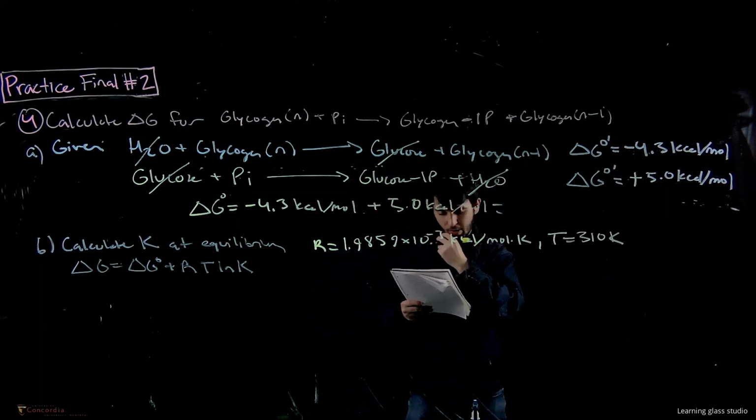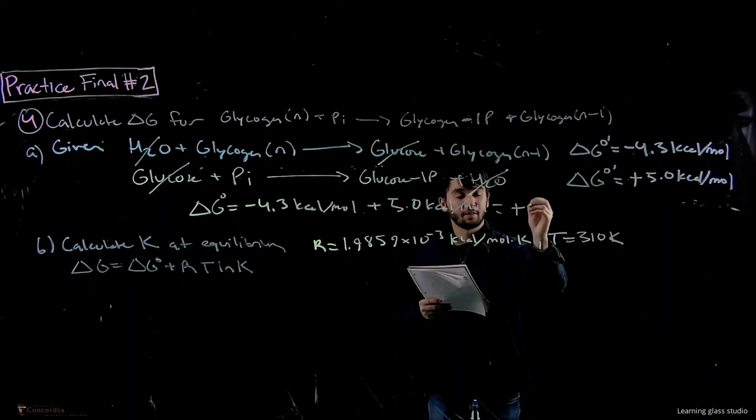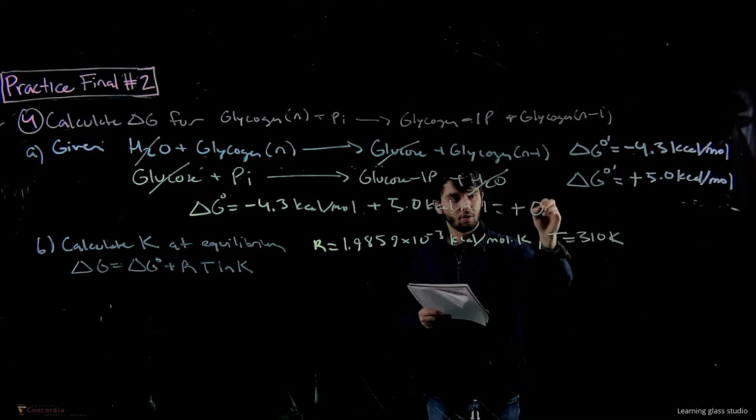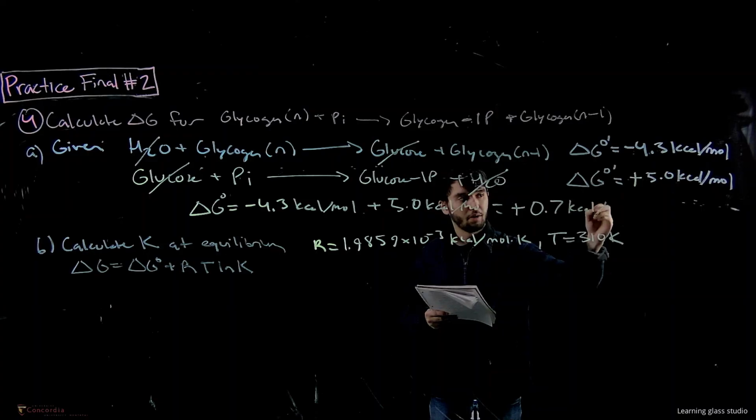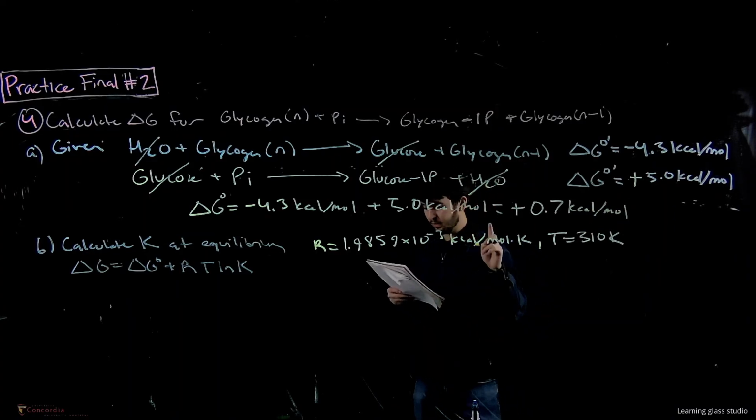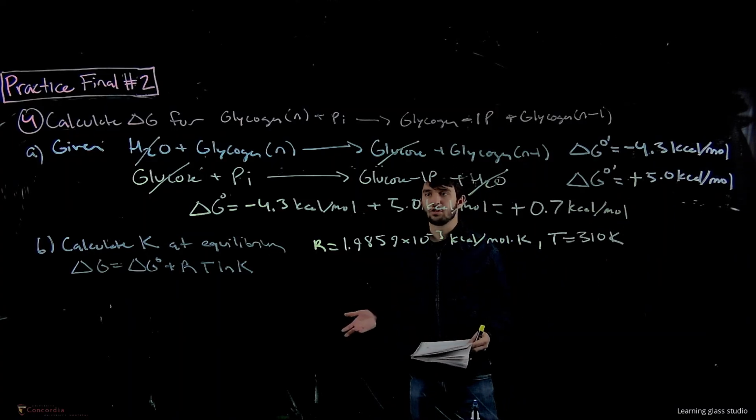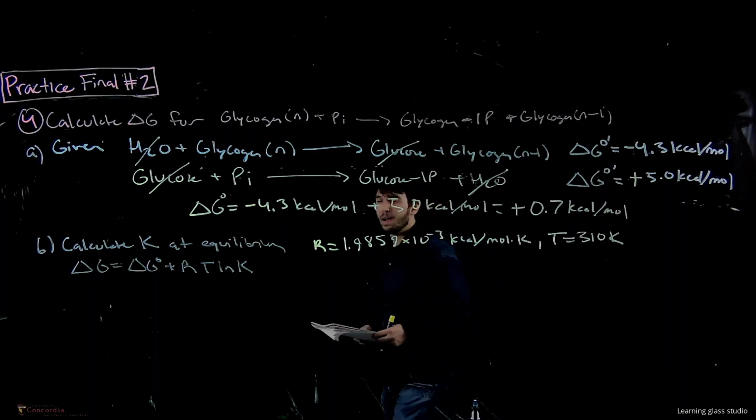And what do we get? We get positive 0.7 kcal per mole. So this is a positive delta G, meaning that this reaction is not super favorable. It needs some input of energy or some form of coupling to happen.